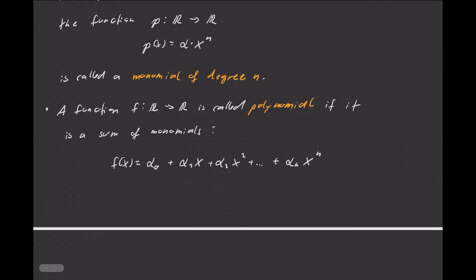Now, the highest monomial degree that you incur in a polynomial is called the degree of that polynomial. And the coefficient that goes with it is called the polynomial's leading coefficient. The highest monomial degree in f is called the degree of f.